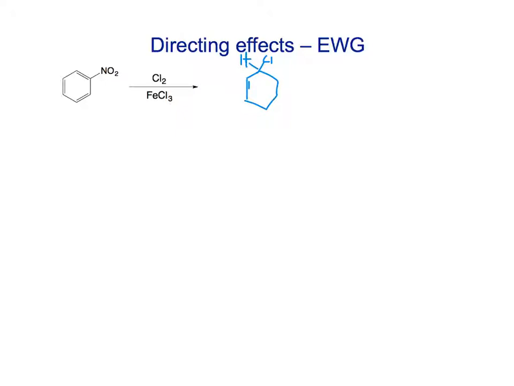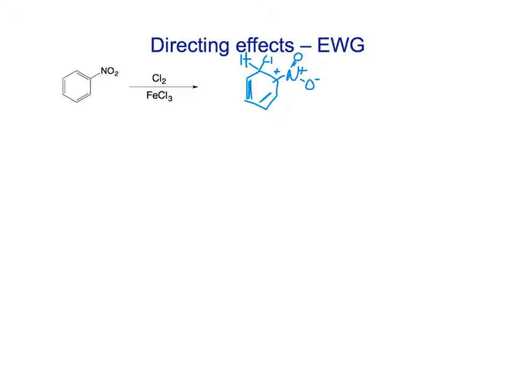Here's our nitro. And I'm going to draw out the Lewis structure for the nitro, which shows us that we have that plus charge on the nitrogen. And then we have this double bond, and this is going to put a plus right where the nitro group is.